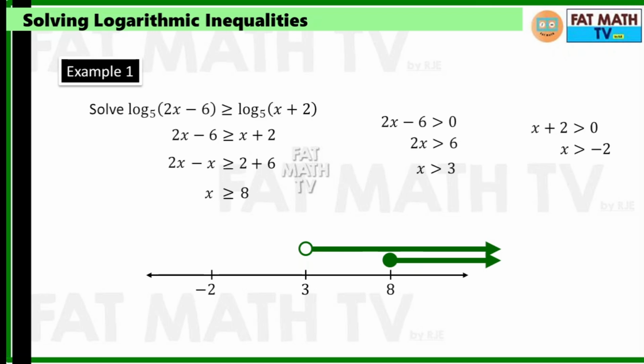So all numbers greater than 3 are in this green part here. But as you can see here, the circle is a hollow circle. That means to say 3 is not part of the solution because we have here x is strictly greater than 3. And then for x greater than negative 2, that's also all numbers to the right of negative 2.